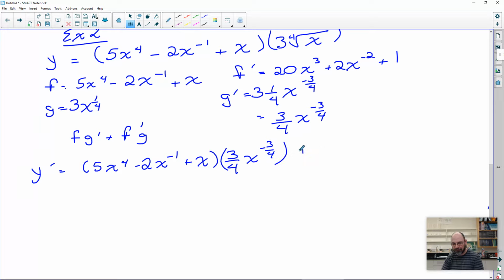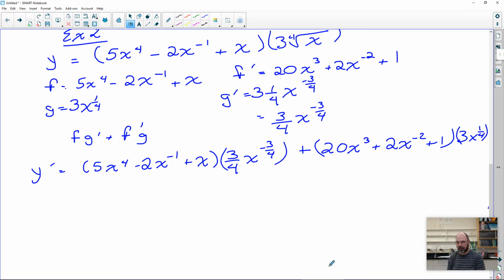And then we're going to add it to f prime, which is 20x cubed plus 2x to the negative 2 plus 1, all multiplied by g. So g was this 3 times x to the 1/4 power, not 1, like that.